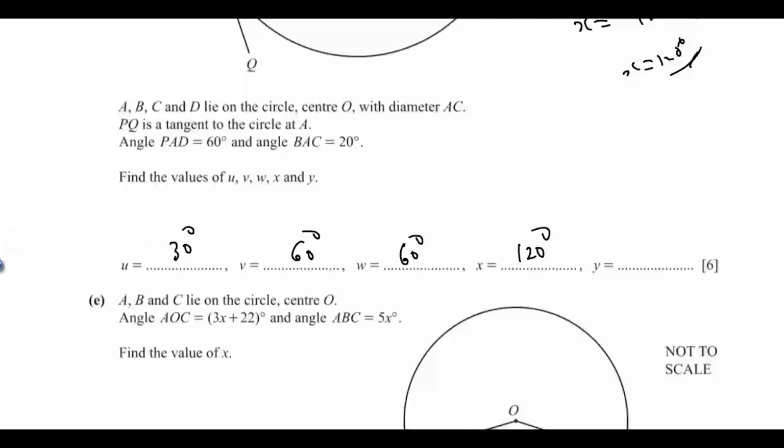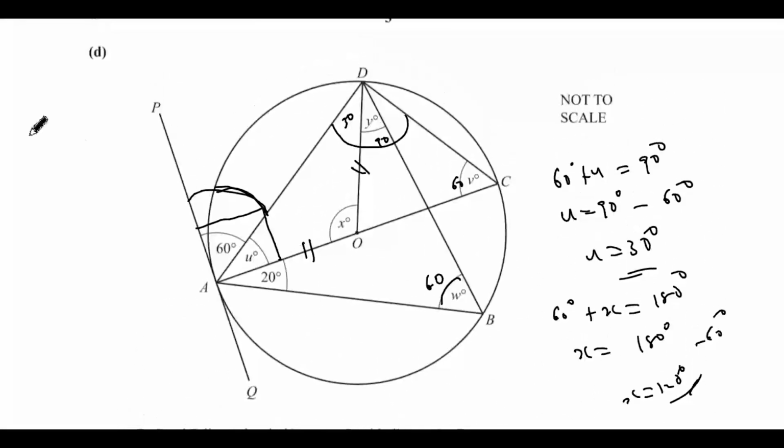So we are left with Y. I can put 120 degrees here, and to get Y, it's easy when you make use of this triangle, triangle ABD.